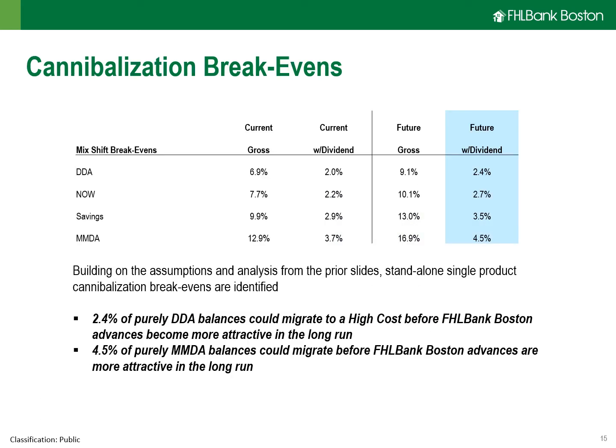This final slide estimates how much of the balances in any given product type would have to migrate to the deposit special product before it would just make sense to borrow from the Federal Home Loan Bank. And it also recognizes the fact that that pricing difference between the deposit special, the high cost MMDA, and a short-term advance from the FHLB Boston might not always be the same depending on the rate environment.